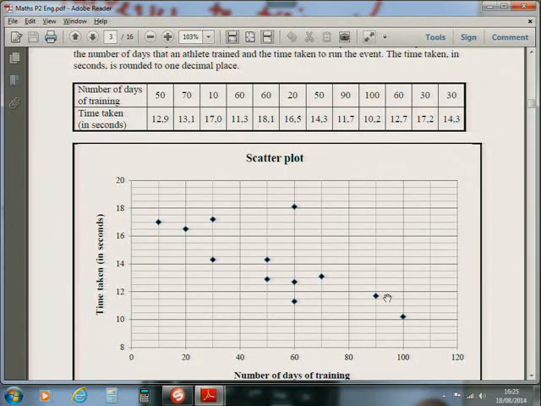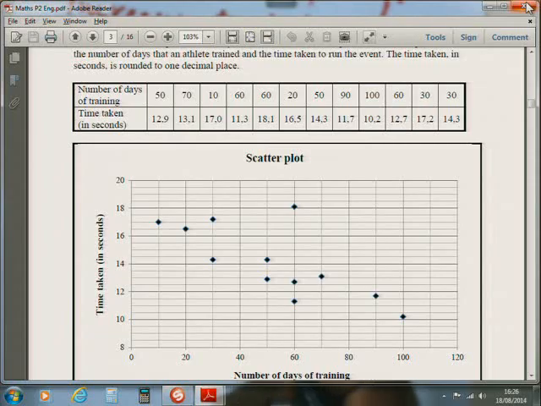I go AC, shift, 1 is statistics and 5 is regression. It already gives me A and B. Now I must write the value of A here, and at least we must agree. 1 is A. I say equals. Now my A looks like 17.81931464.